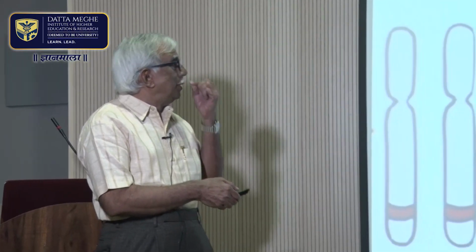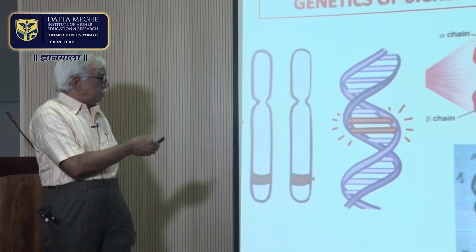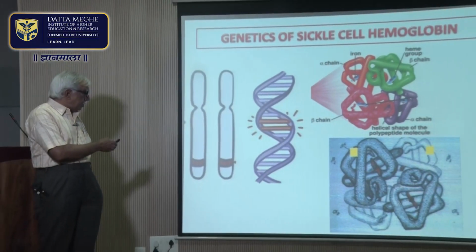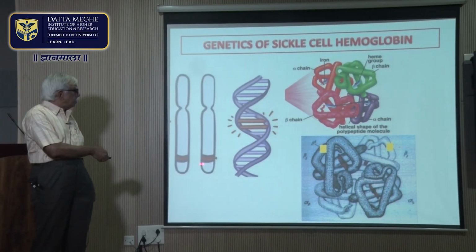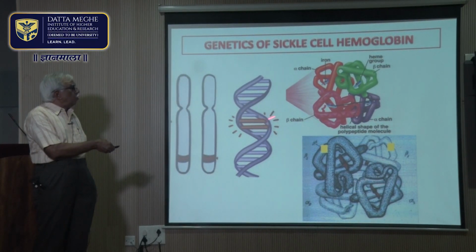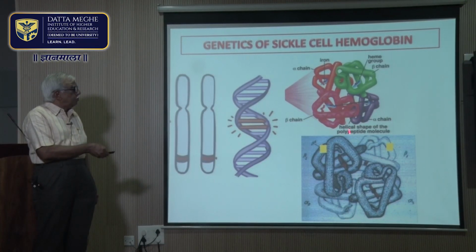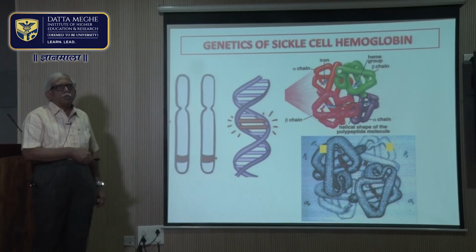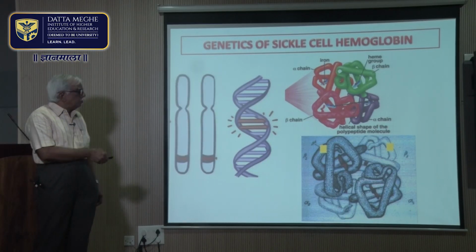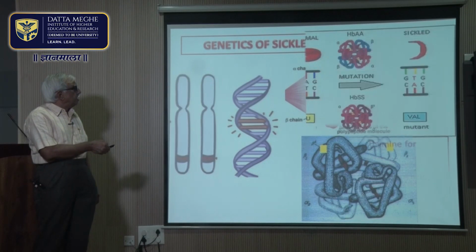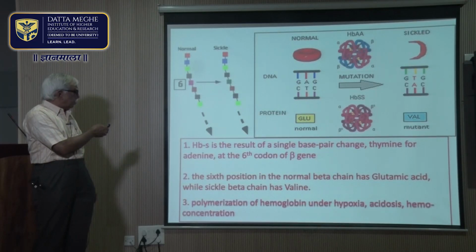Now, this is how the sickle hemoglobin gene is present over chromosome number 11. Here the locus is defective, and that gives rise to a defect in the base changes. And now, what is this defect in the base changes? At the 6th locus, you find that there is a change in the amino acid sequence.